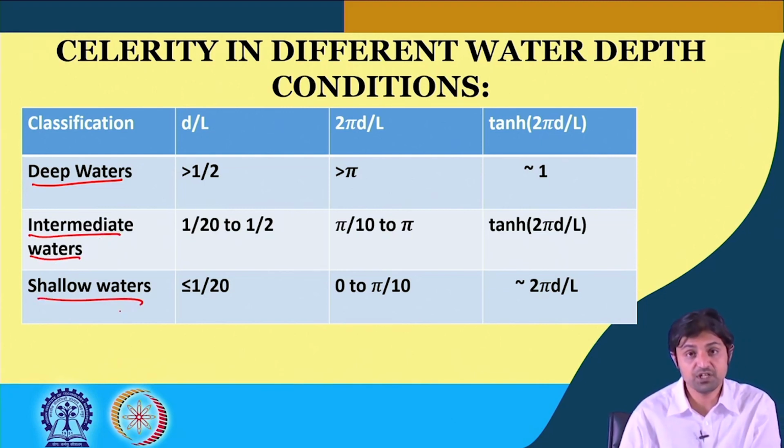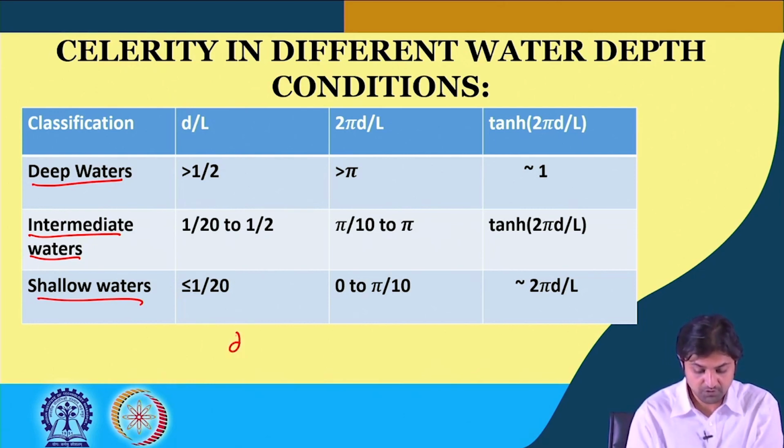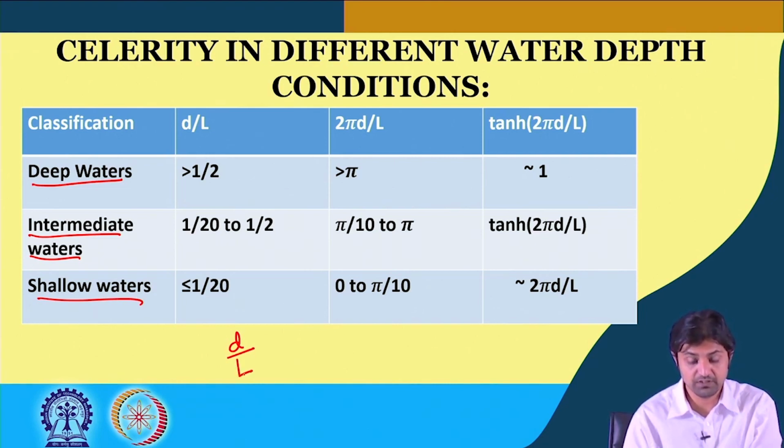What is the definition of deep water? Deep water means that the depth of the water divided by the wavelength of the wave is greater than half.